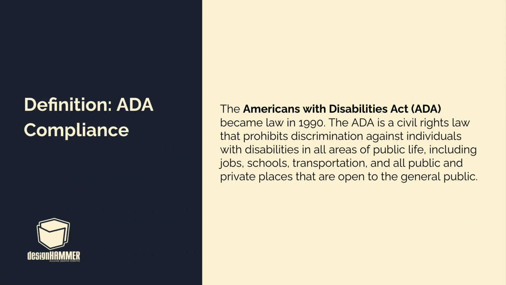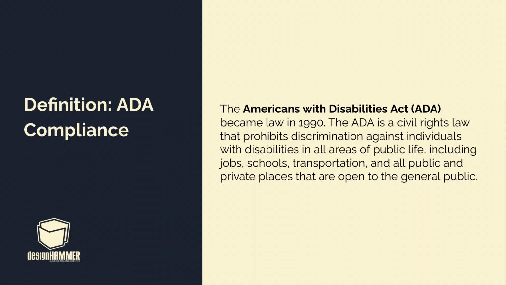The Americans with Disabilities Act from 1990 says that if you are a business and you're interacting with the public, your public accommodations have to be accessible to people with disabilities.